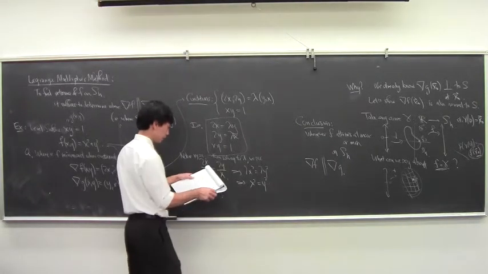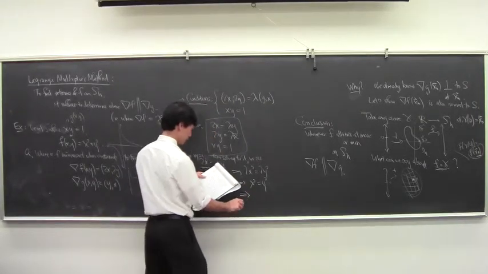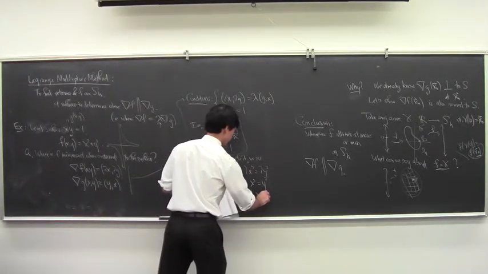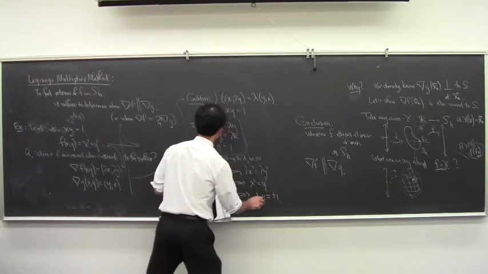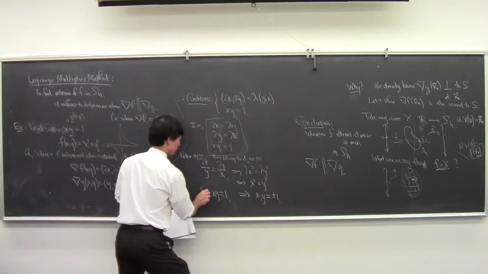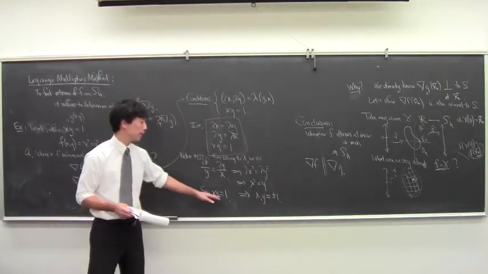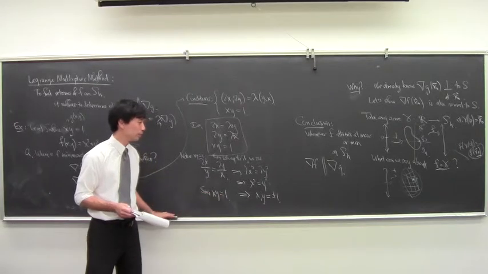Right, that tells you that x and y are either, using the fact that xy equals 1, plus or minus 1.